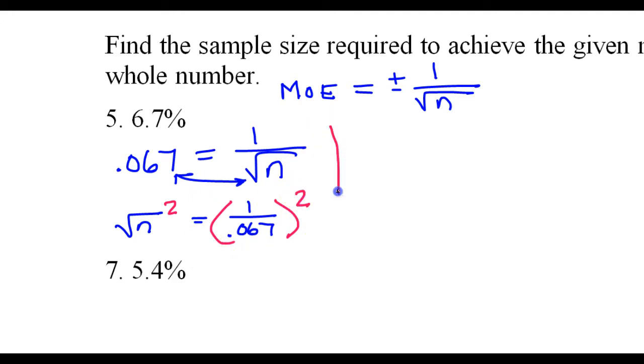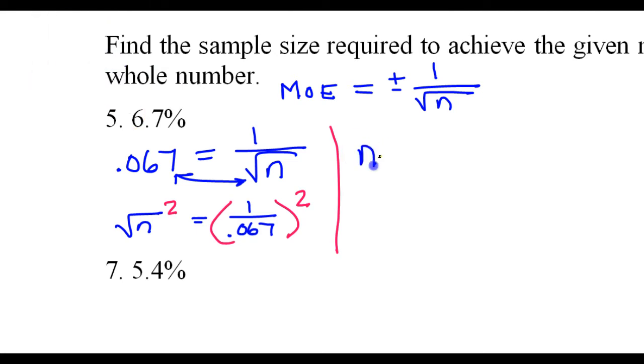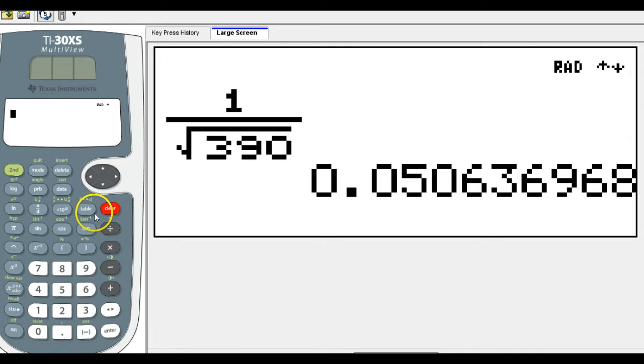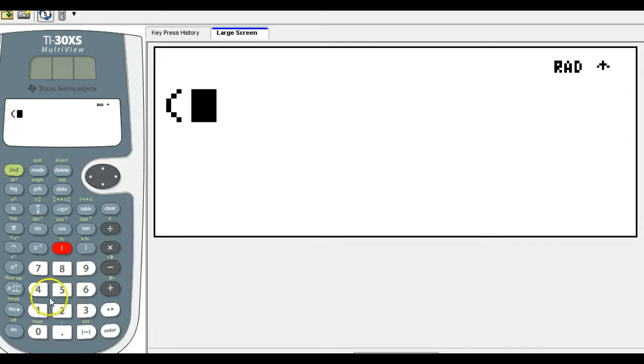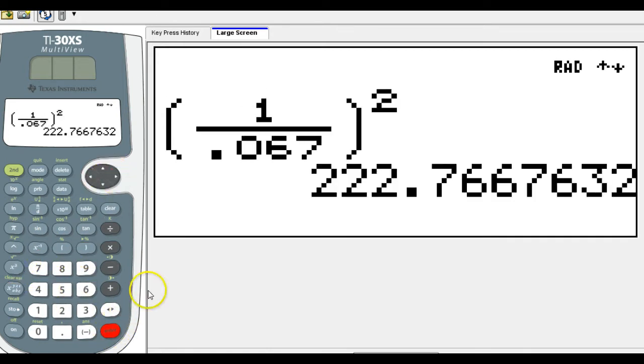Alright, so that is going to lead me to the sample size. So n is equal to whatever I get right here. So what's this? 1 over 0.067 squared. Alright, so I've got 1 over 0.067 squared.